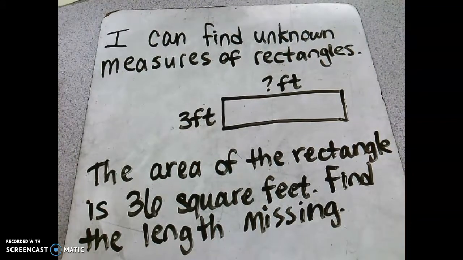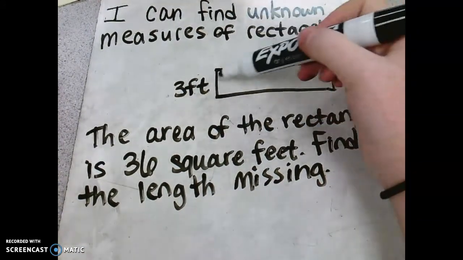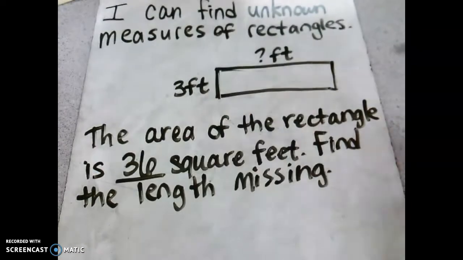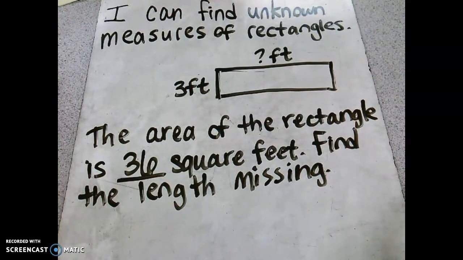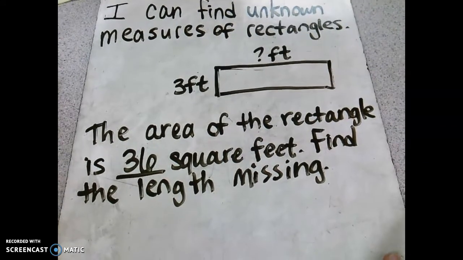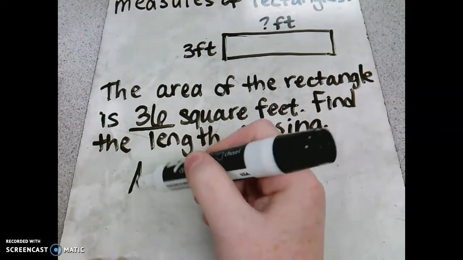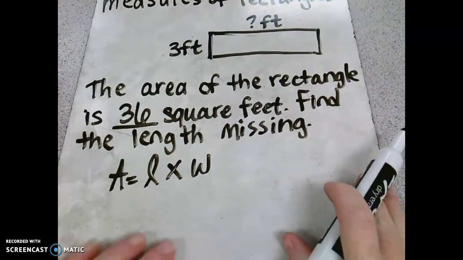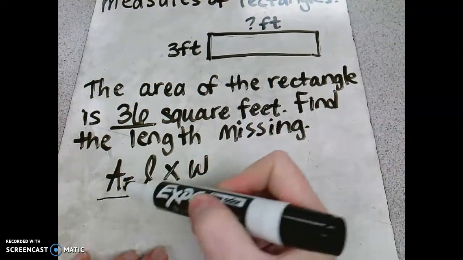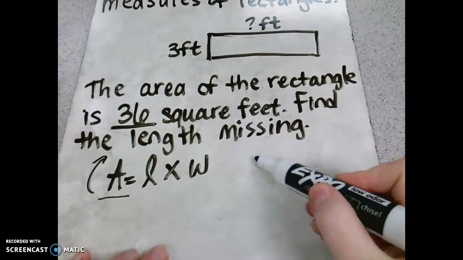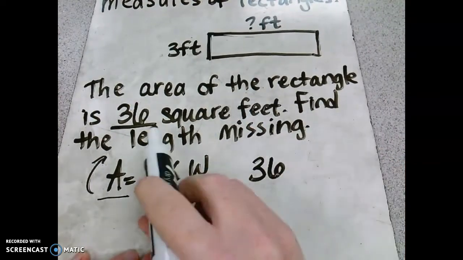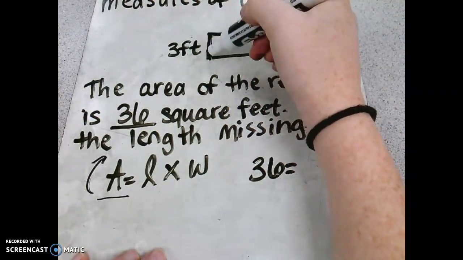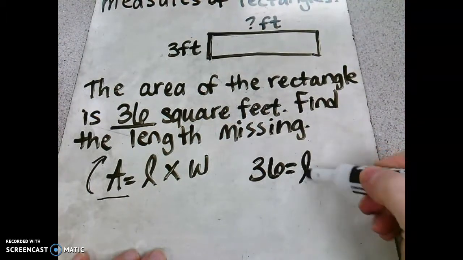Okay, so here's our question. We have one side, we don't have the other, and now we know the area of the rectangle. Do you remember our area formula? Our area formula was A equals L times W, right? So if we have one side, we know our area. It tells us that in our question. So I'm going to put our 36 in for A because that's the area of the rectangle. And then we know one side is 3.